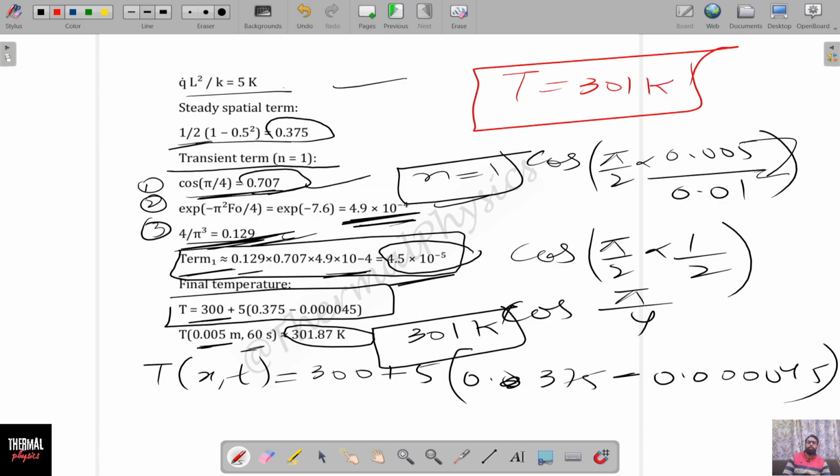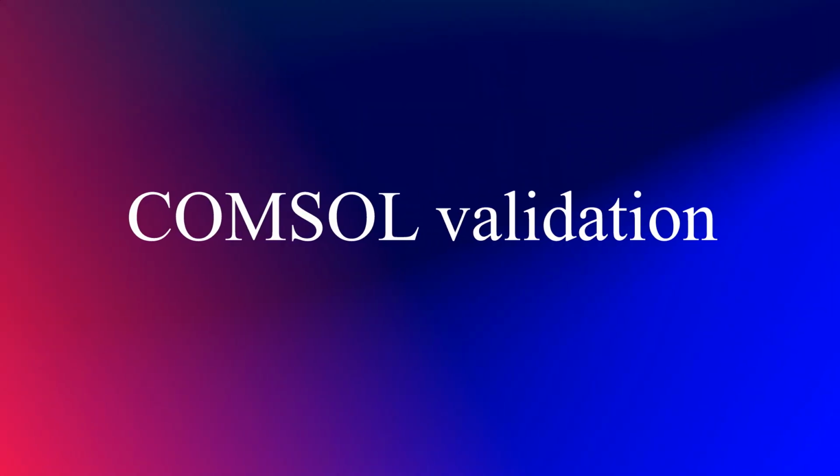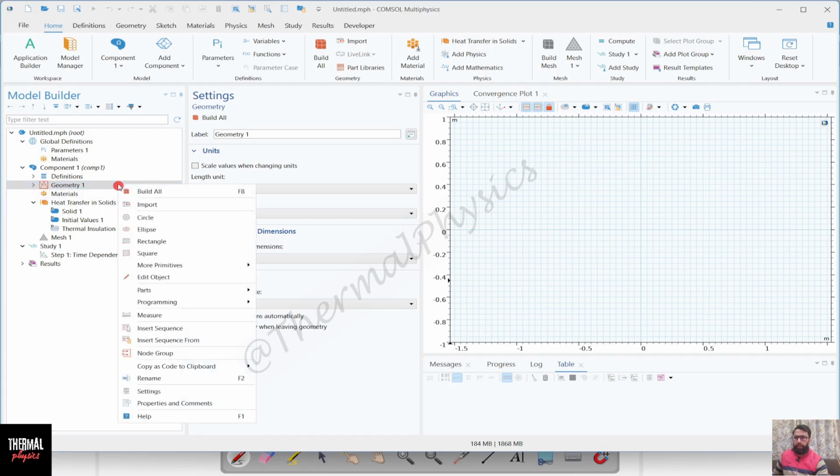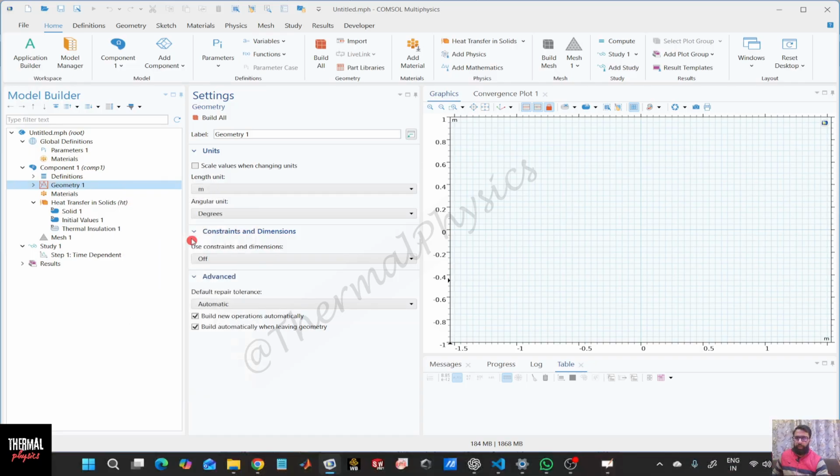Now we'll solve the same problem using COMSOL Multiphysics, and we will check the two numerical solutions. We will go to geometry, and we will create our rectangle.